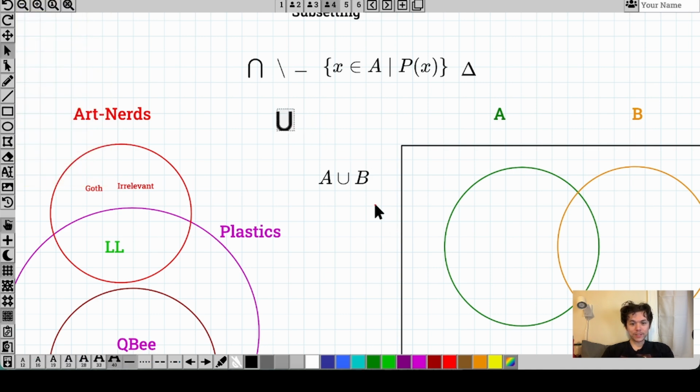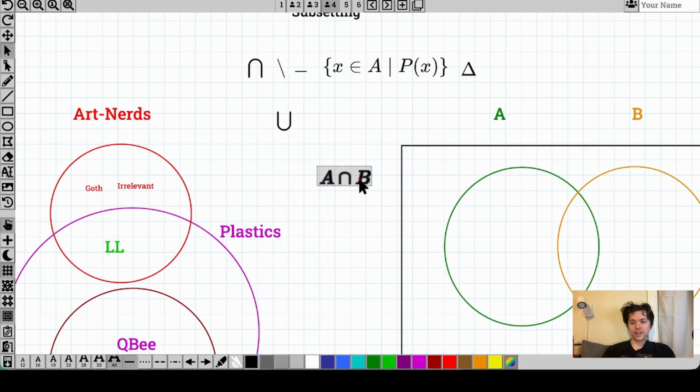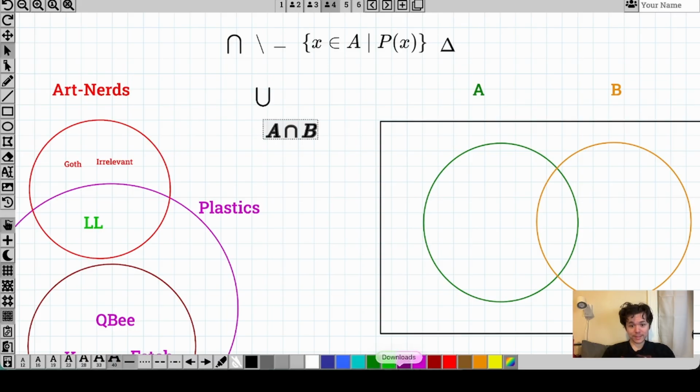So moving on to intersection. Intersection is the opposite idea, in that instead of being either or, it's an and. If you want to write it in LaTeX, it's \cap. And this gives you precisely the intersection of the two sets.